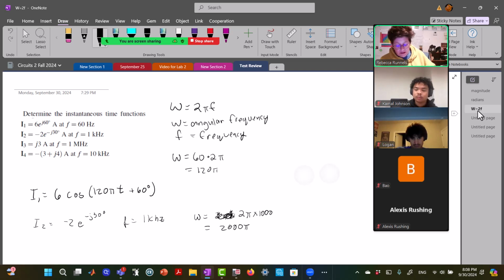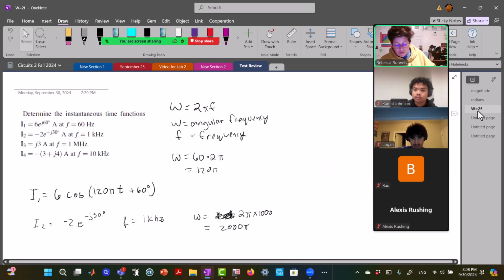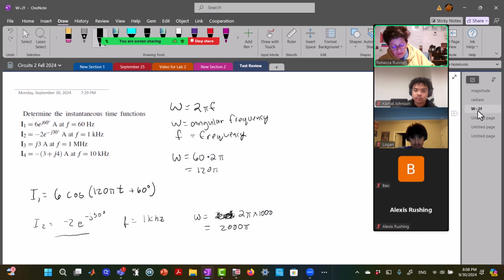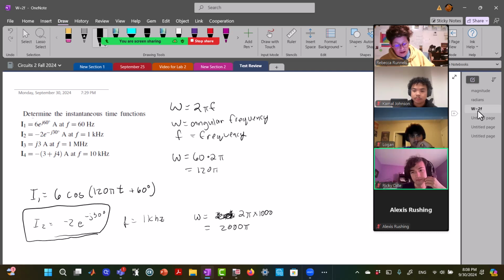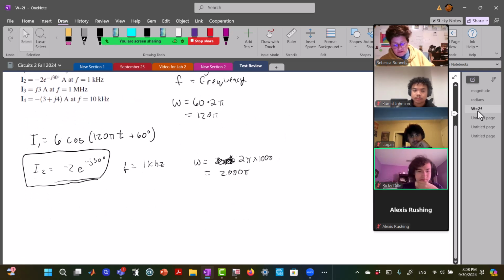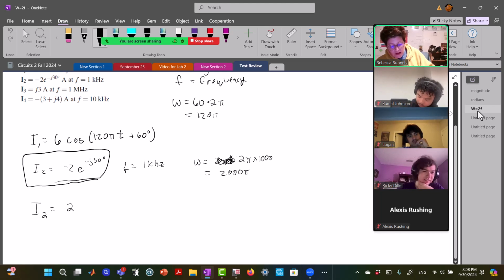And what's the problem right here with the way our current is written? There's a negative in front. Right, and how do you think I'm going to change that? Subtract 180. Yeah, I will subtract 180. Or will I add 180? Wait, sorry, I meant add 180.